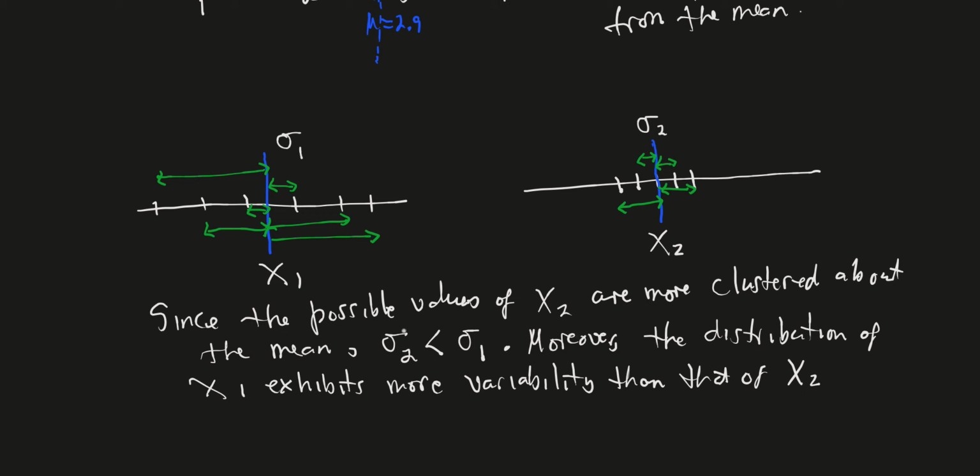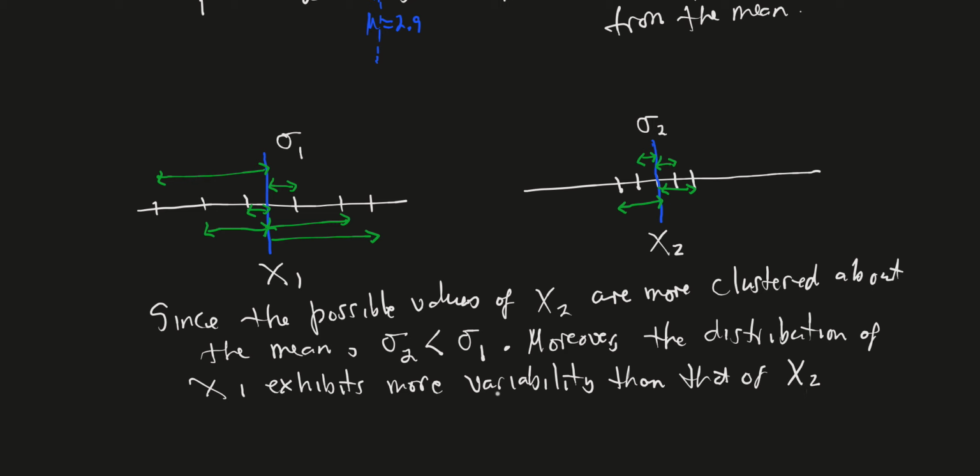So it's an easy comparison, but it takes a while to get there. We have to talk about what these deviations would normally mean, and then why they are useful. Well, they're useful in the sense that they can measure variability.